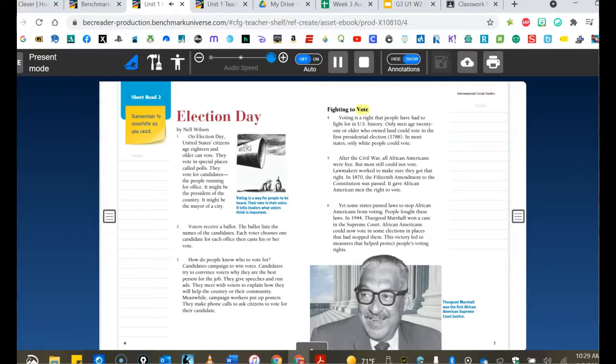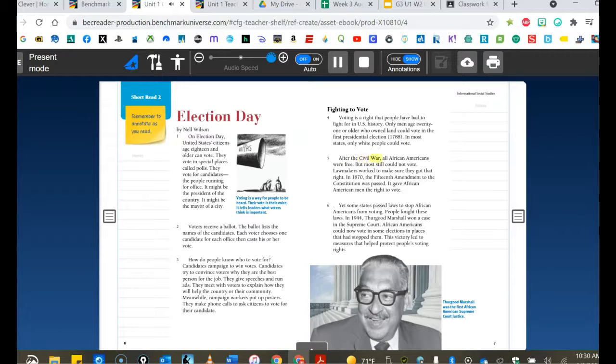Fighting to vote. Voting is a right that people have had to fight for in U.S. history. Only men aged 21 or older who owned land could vote in the first presidential election, 1788. In most states, only white people could vote.